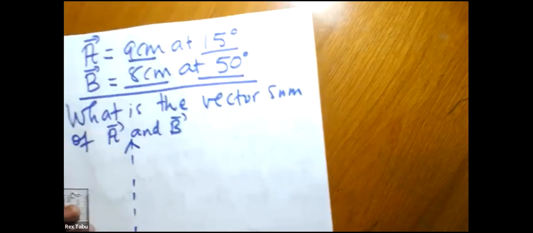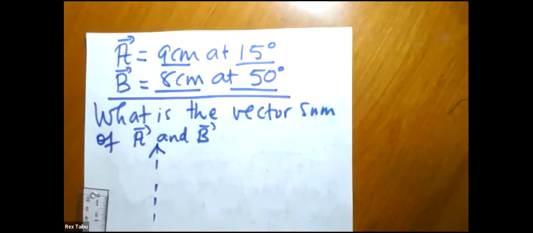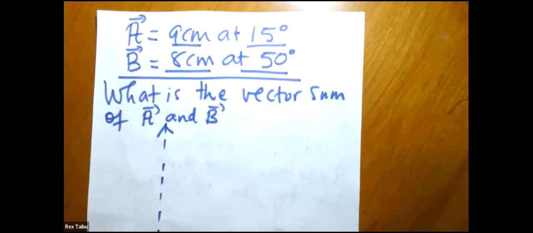It's always nice to position our vectors in the x and y axis. We're going to start drawing our vectors. The first vector is 9 centimeters at 15 degrees. So the first thing to do is to get the angle right. I'll take the center of the protractor.